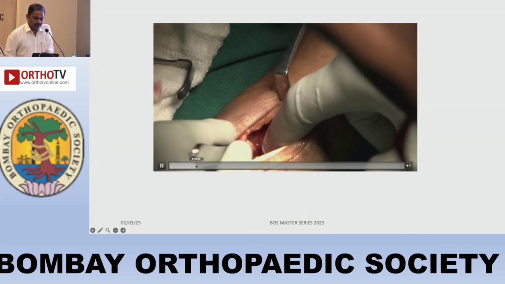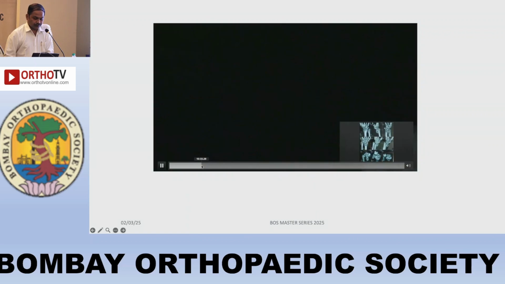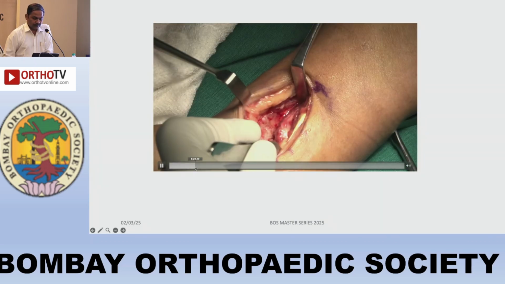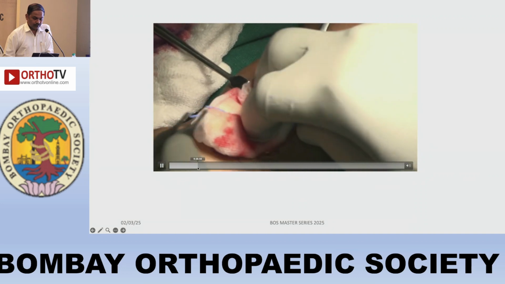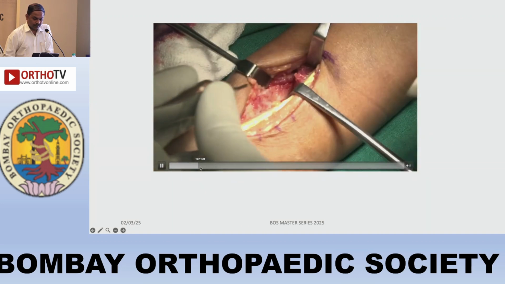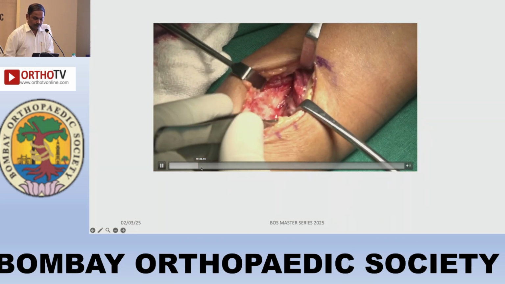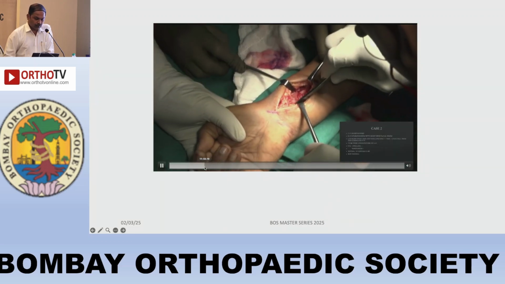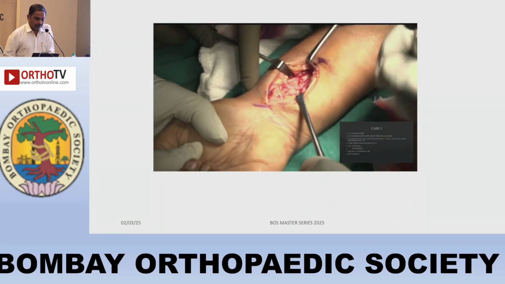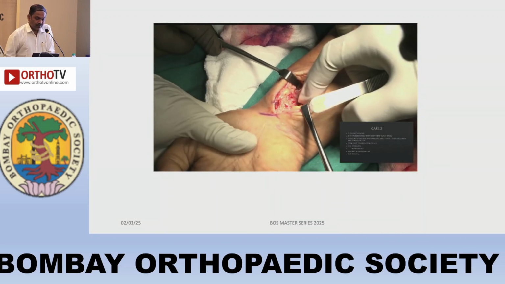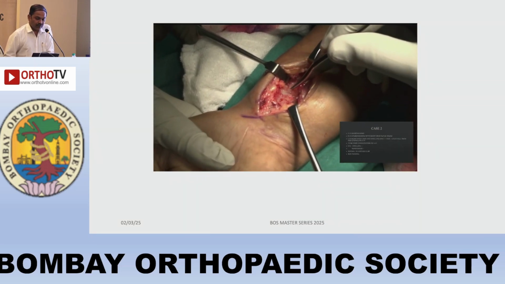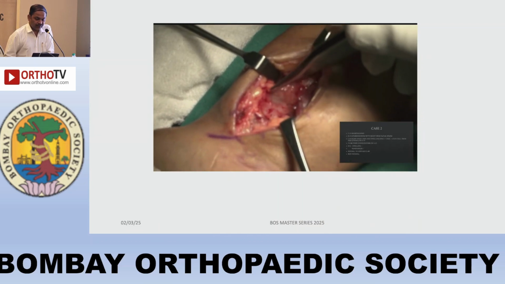And this is the fracture surface which is seen over here. So just notice we have kept a folded sheet below the wrist to hyperextend, and this fragment was getting reduced nicely.